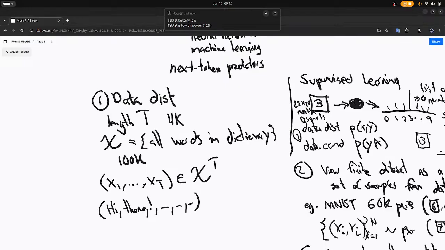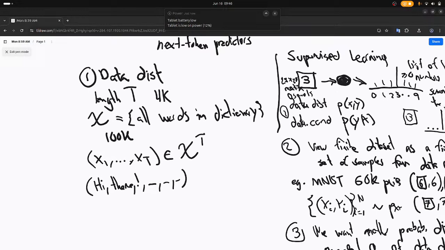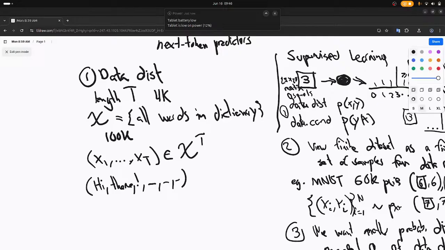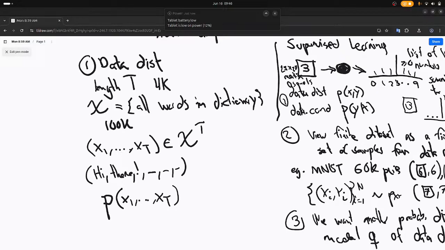We could also talk about how it goes on for arbitrary length, but this is going to be simpler. So now this is the data distribution, in the sense that we now have a probability mass function, not over x and y like this, but over x1 to xt. And most importantly, by the product rule, we can view this.